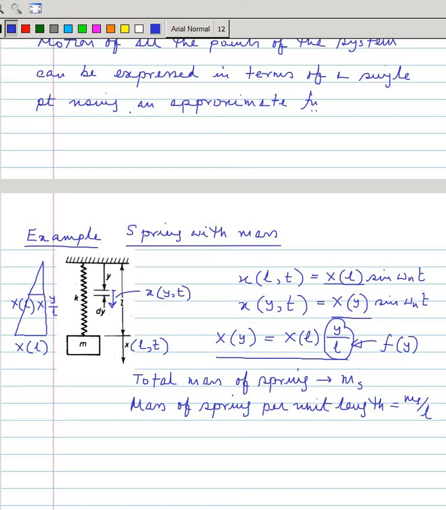So now what is the kinetic energy for this portion dy?